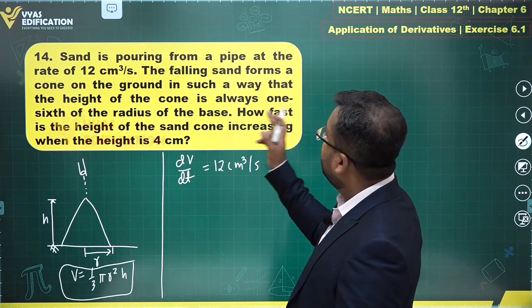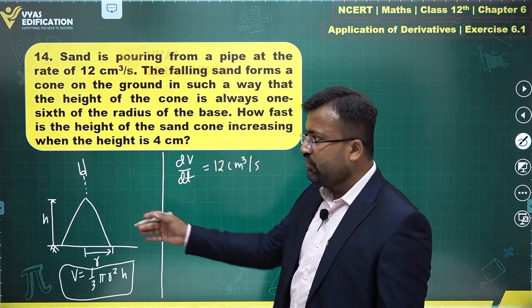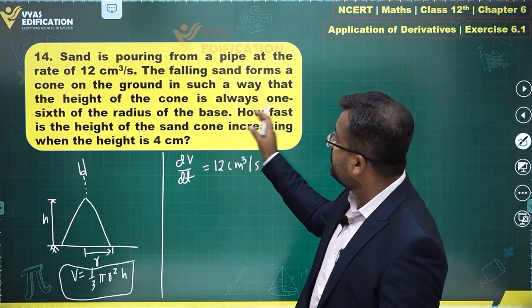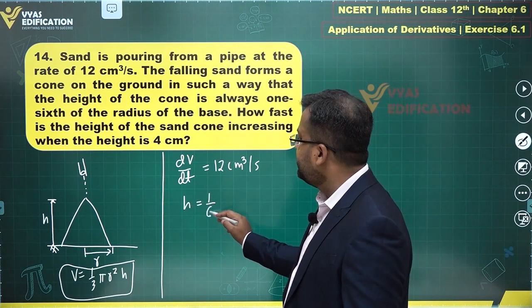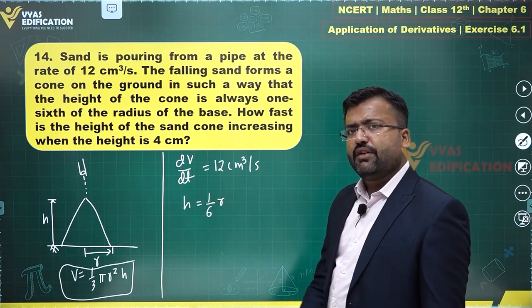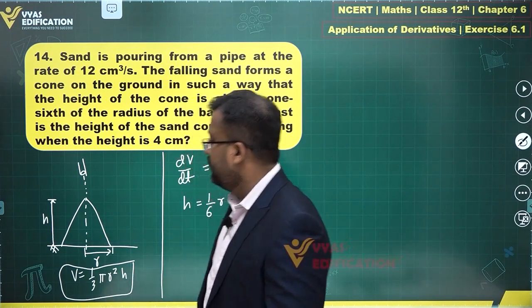The falling sand forms a cone on the ground in such a way that the height of the cone is always 1/6 of the radius. Height is 1/6 of the radius. This is also given, right? That's another relation given over here. Okay, what else?